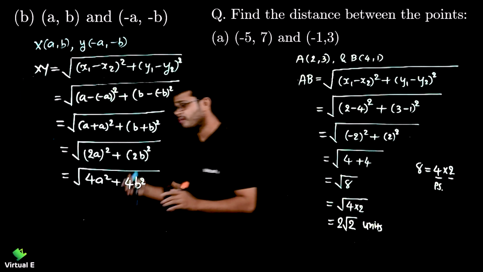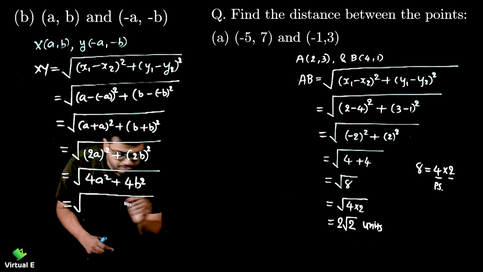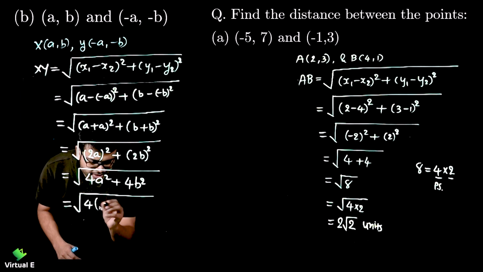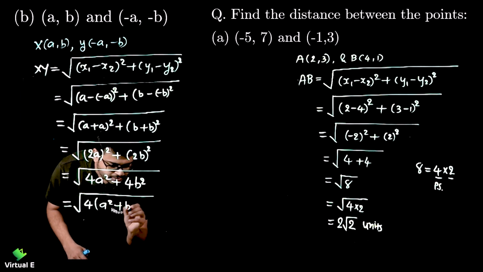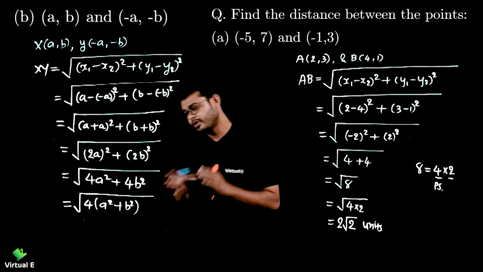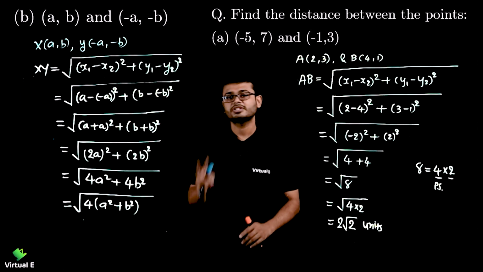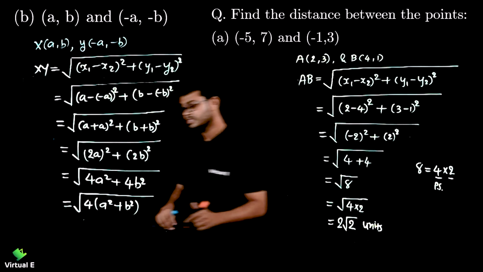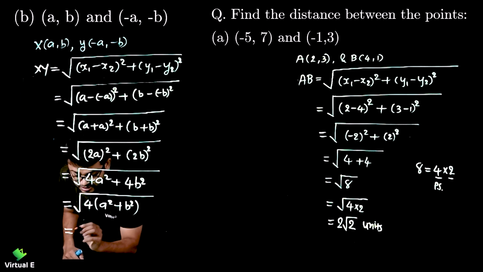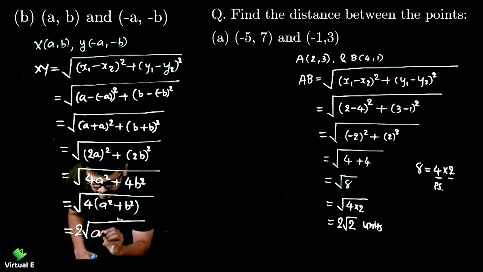Can I take something common? Yes, I can take 4 common here, then a square plus b square. Now we know that 4 is a perfect square, and if we take that number out of the square root, what will be the answer? 2. So my final answer is 2 over here, and in the square root it is a square plus b square.